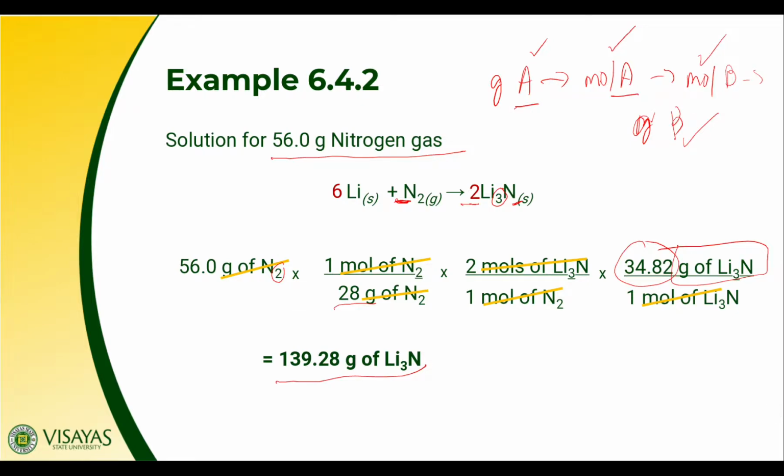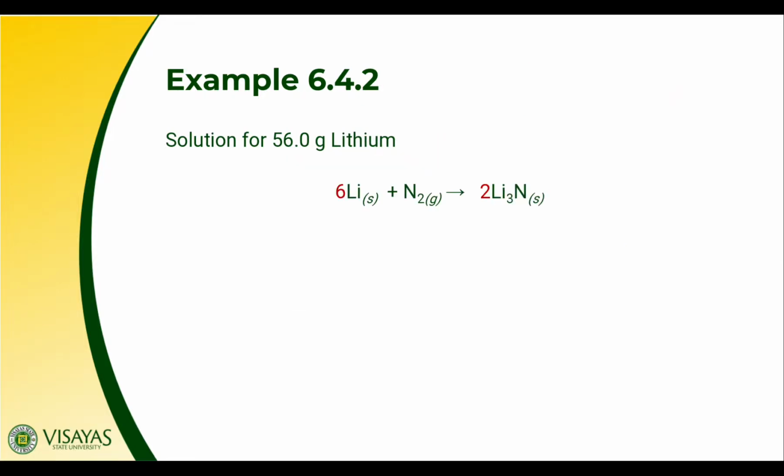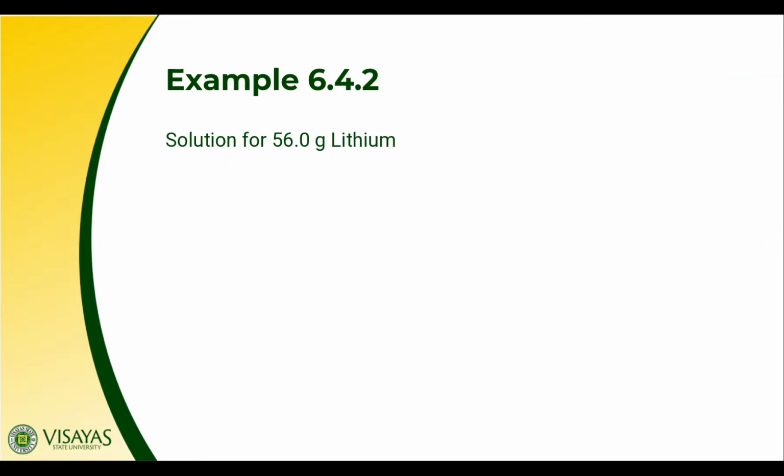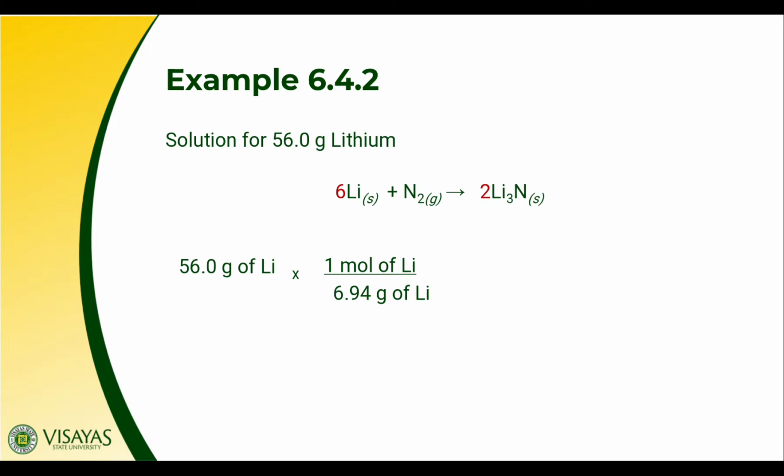Now, how about when we use 56 grams of lithium? So we convert that to gram lithium nitride. We will compare how much we get when we use lithium as our starting material. So again, we convert first gram lithium to mole lithium using the molar mass of lithium, which is 6.94 grams.